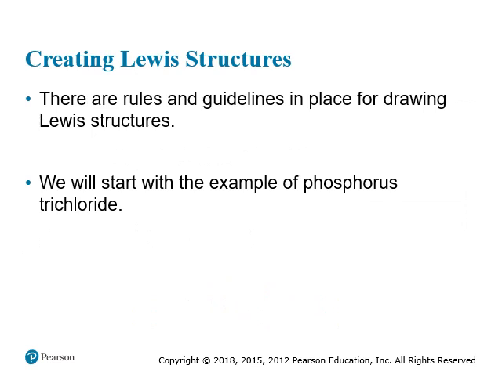Now that we have a basic understanding of Lewis symbols, as well as a grasp on the concept of electronegativity, we can use this information to put together Lewis structures. Given the chemical formula for a compound, how is it that we know what is bonded to what?